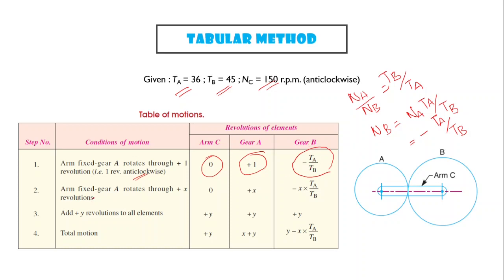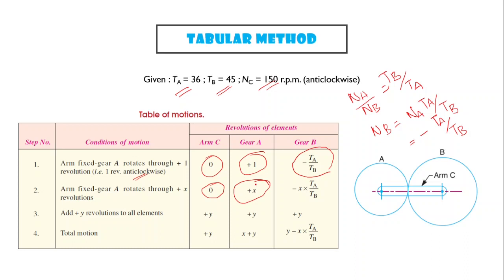Then arm fixed, gear A rotates through plus X revolutions. Again, arm fixed means this value must be equal to 0. And for gear A, we have supplied plus X revolutions, X revolutions anti-clockwise direction.